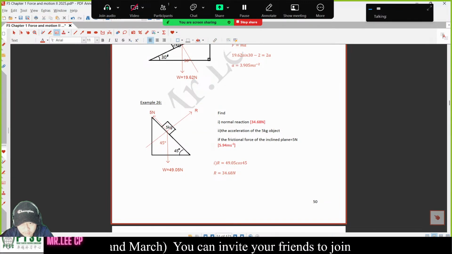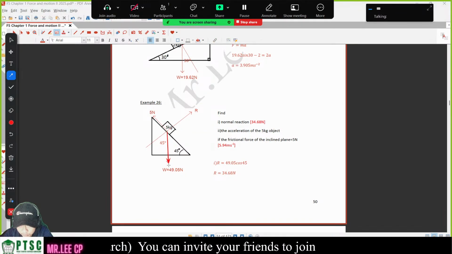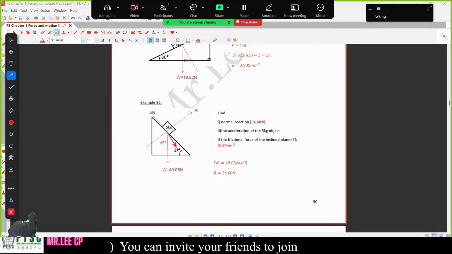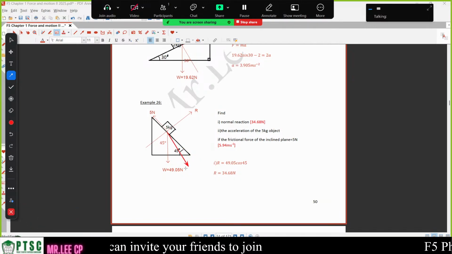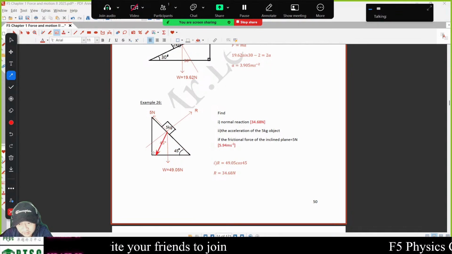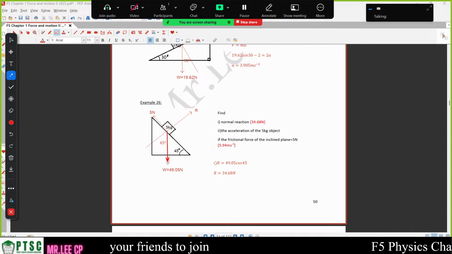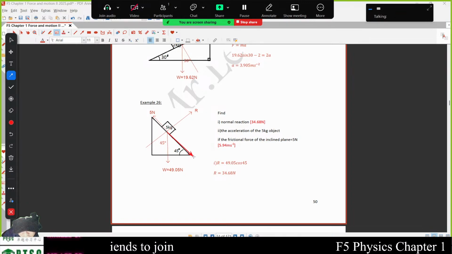Right, friction. So now the force that pulled it down is this one contributing to here. I resolve it to here, 49. Touching or not touching 45? This is a 45 here. Touching or not touching? Not touching, then I use sine.